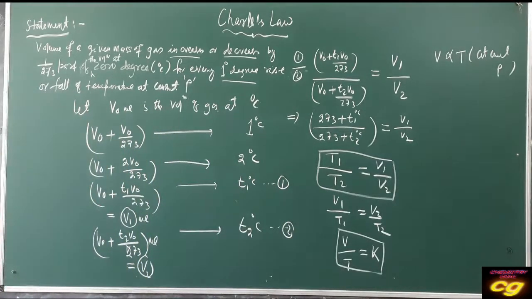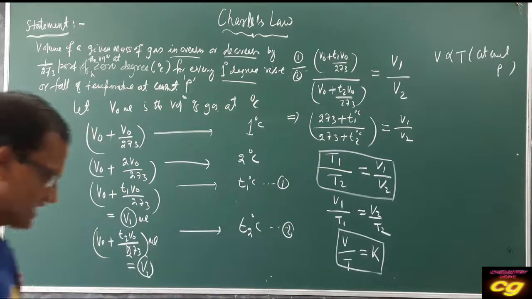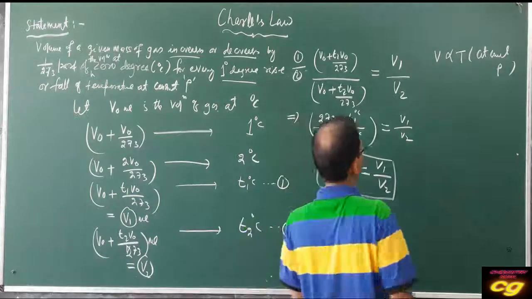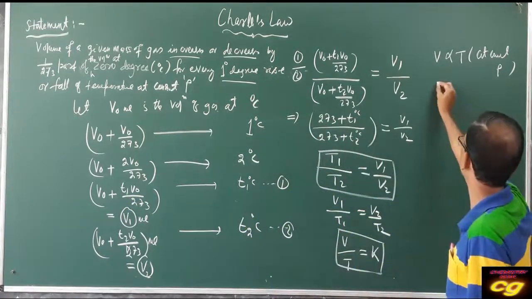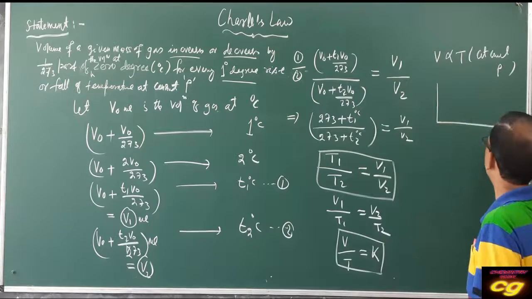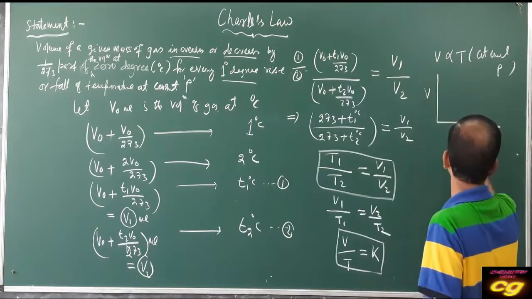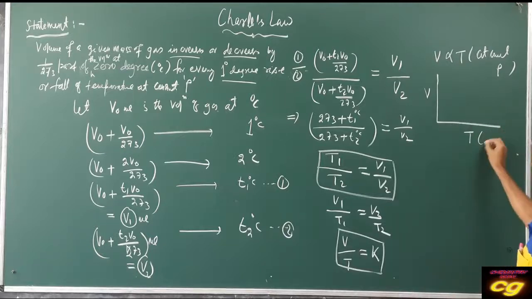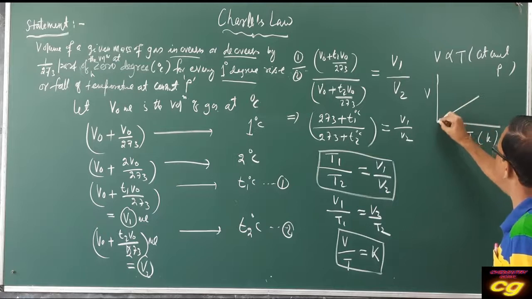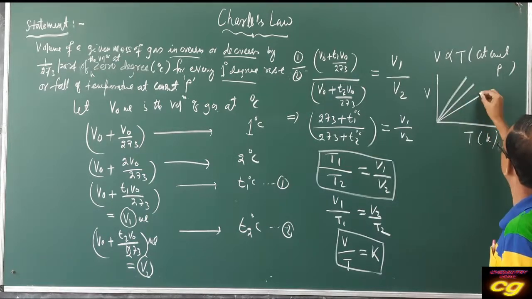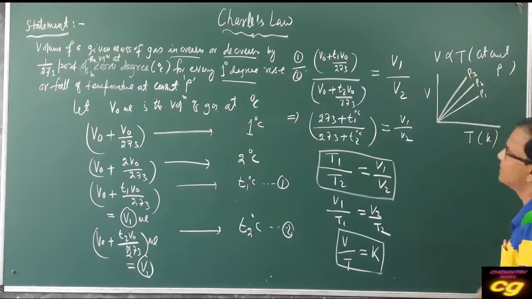Then how can you express this law graphically? Already we have discussed. If you draw a graph of V versus T, absolute temperature, the Kelvin temperature, the graph will be like this. Suppose this is P1, this is P2, this is P3, different pressures.